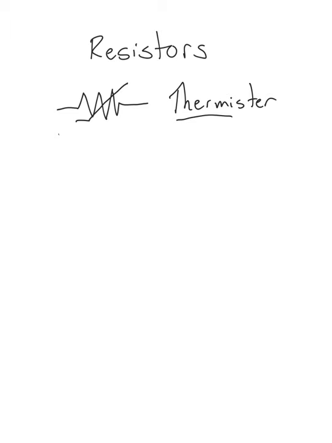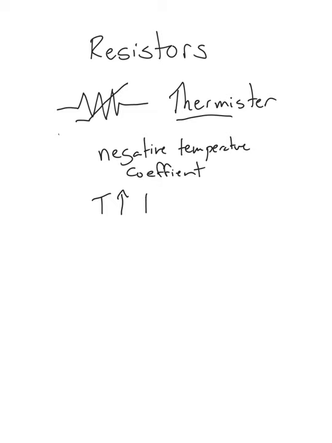Thermistors in our lab have what's known as a negative temperature coefficient. A negative temperature coefficient means that as temperature increases, resistance will decrease. Likewise, if temperature decreases, resistance will increase. So they're inversely related.